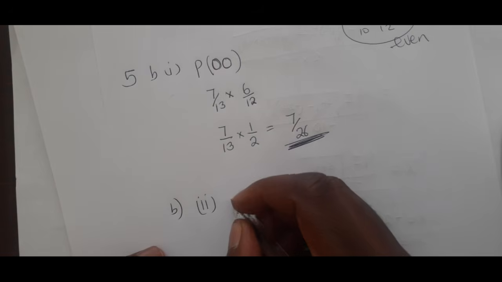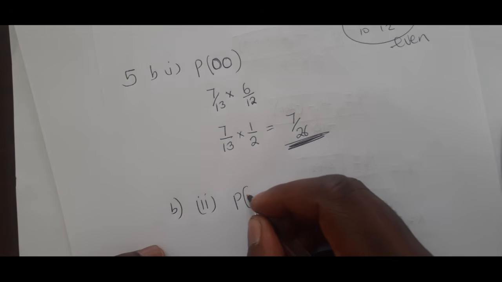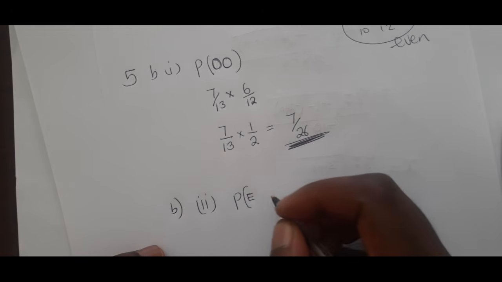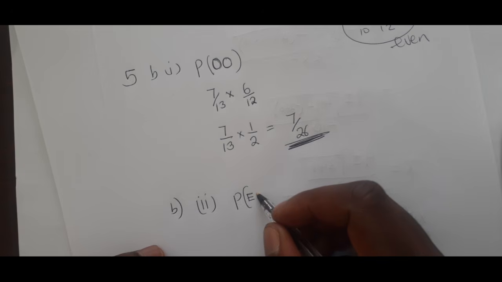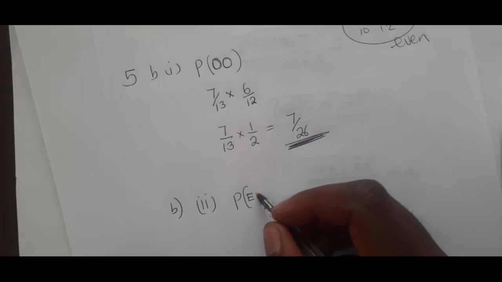So we can have a probability of where we have an even number and then the second one is not an even number. Okay? The second one is not an even number here. Not an even number, or maybe an odd number.